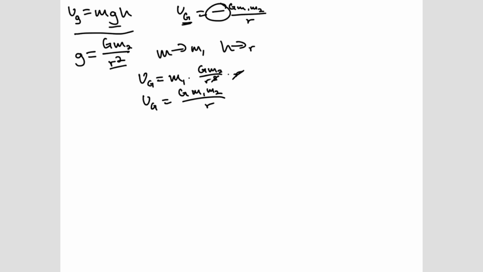The second explanation personally makes a little more sense to me. Who knows, it might be different for you. Universal gravitational potential energy should be 0 at r equals infinity, because when objects are infinitely far away, there isn't any gravitational attraction between the two objects. For example, in this formula for little g, when r approaches infinity, g approaches 0.